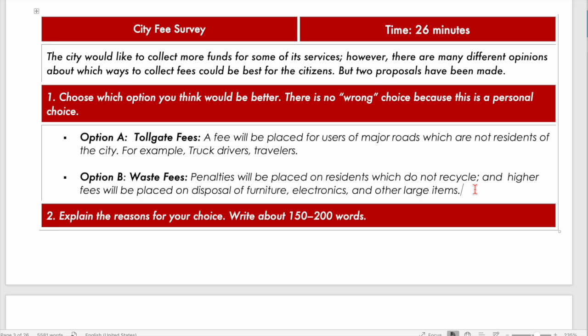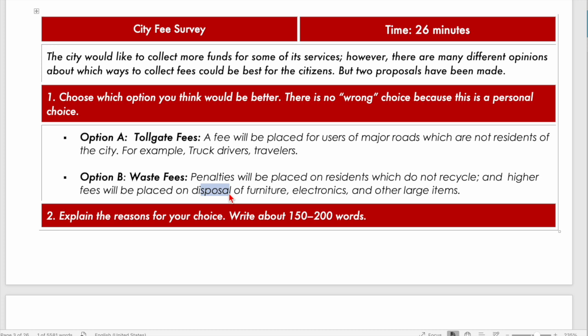Well, in Canada, we have to pay to throw out that kind of garbage. We can't throw it out in the regular garbage. We have to go to the special place, but we have to pay for that.